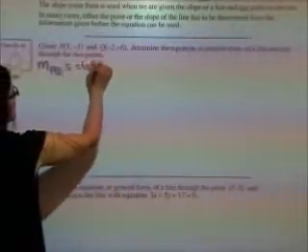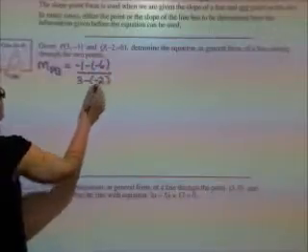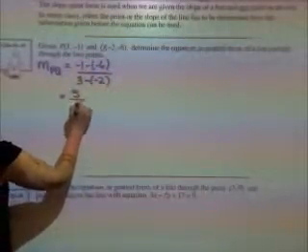So the first thing that I want to do is find the slope from P to Q. I'll give you a moment and I want you to find the slope between P and Q. Okay, so the slope of P to Q: -1 minus -6 over 3 minus -2. And I get 5 over 5 or 1.